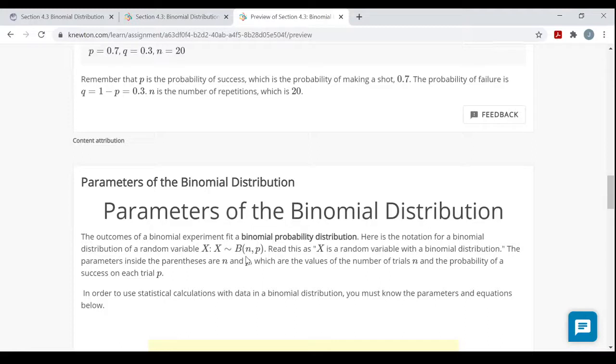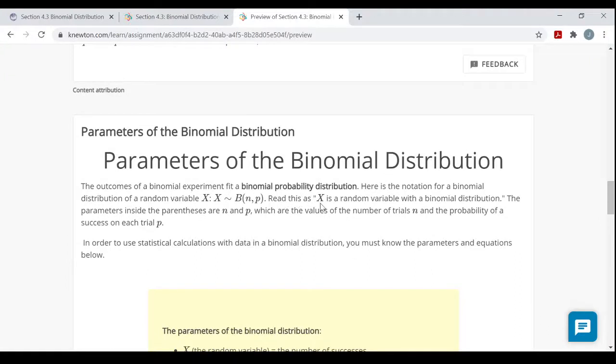We have so many trials, and in each trial there are two possibilities, success or failure, with p being the probability of success on each trial, q being the probability of failure on each trial. So this is read as, x is a random variable with a binomial distribution. The parameters inside the parentheses are n and p, which I told you about already.